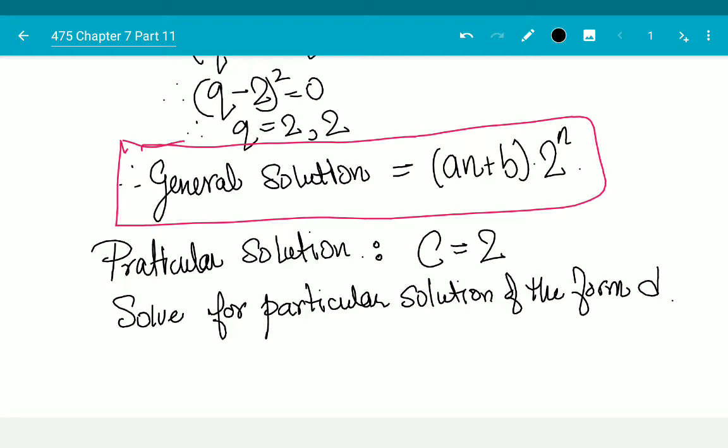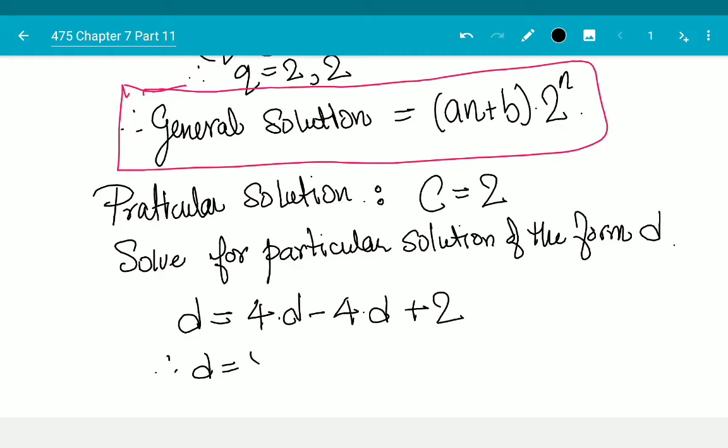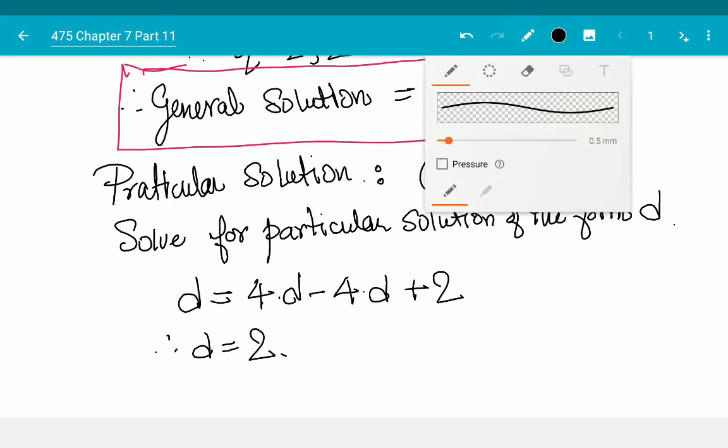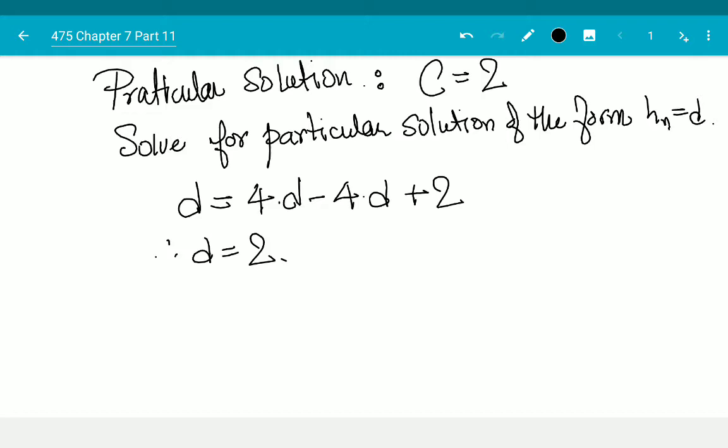I am going to say, hey, d is equal to 4 times d minus 4 times d plus 2, and therefore I get that d is equal to 2. Maybe I should have said here hn is equal to d. So in that case I get this, right?